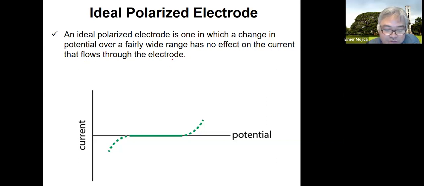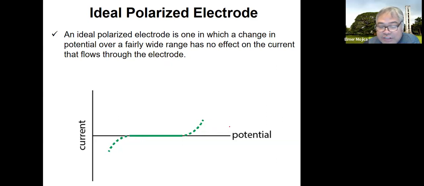So if you're going to look at an ideal polarized electrode, ganito yung plot niya. Okay? So there's what we call no net effect of the current that flows through the electrode.